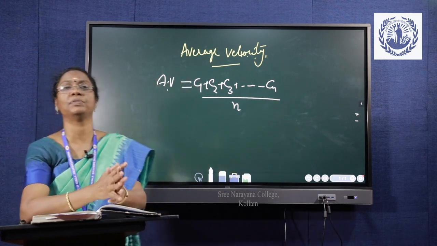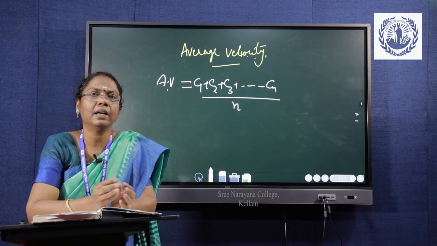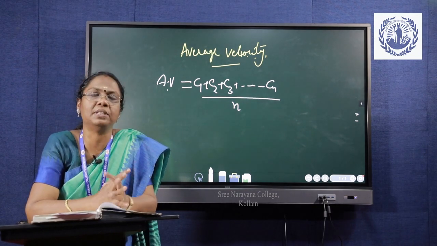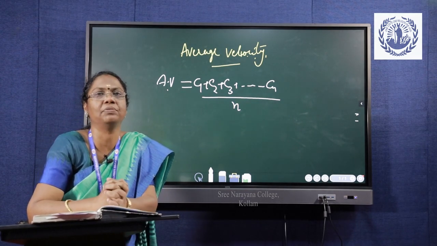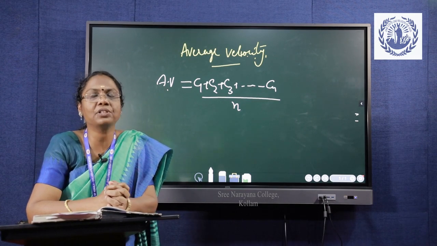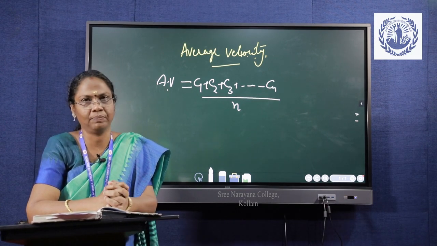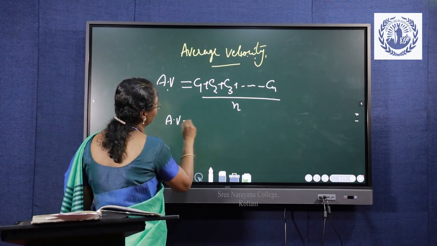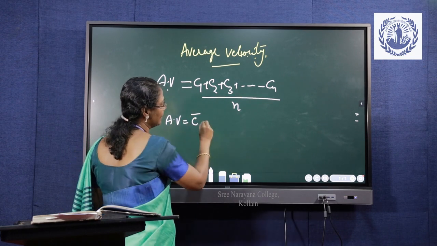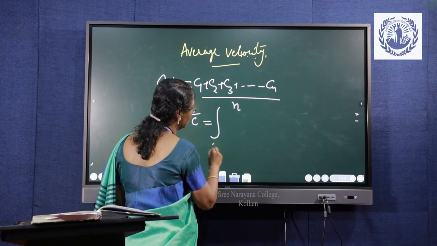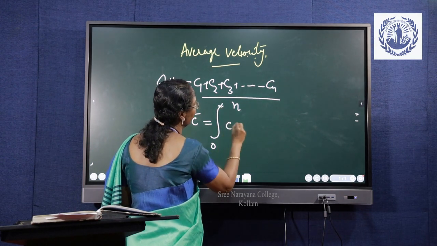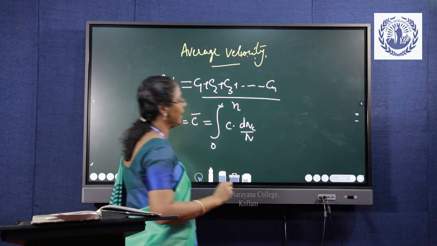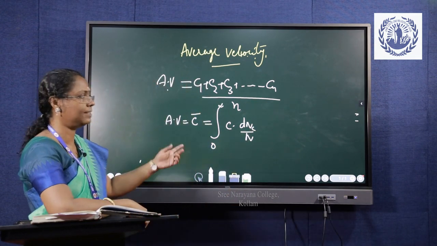The fraction of molecules which possess a C1 velocity is few and C2 is also very few. So we can find the average velocity by summing up the products of the velocity and the fraction of molecules possessing that velocity. The average velocity is usually represented by C bar, which is equal to the integral from 0 to infinity of C into dNc by n. dNc by n is the fraction of molecules possessing the velocity c.